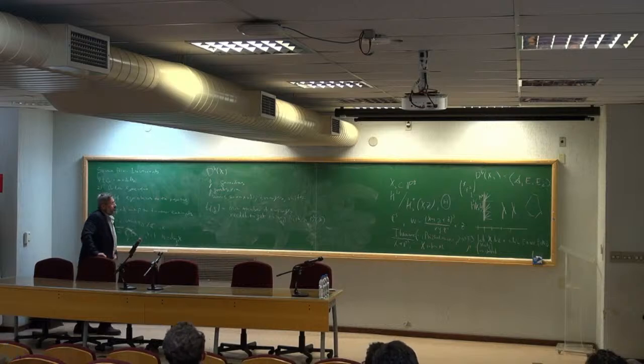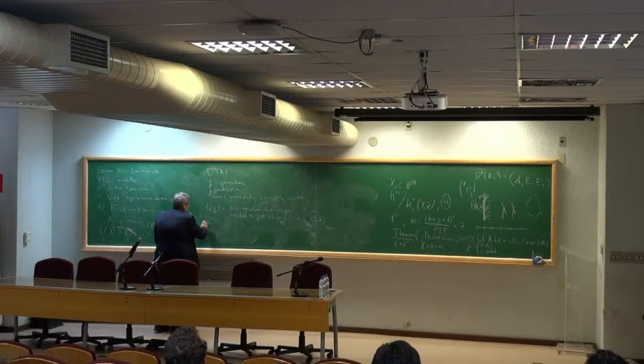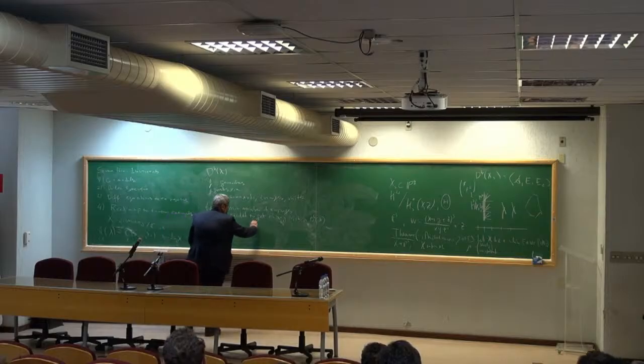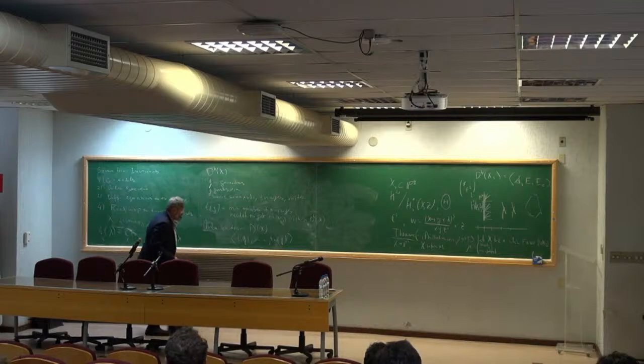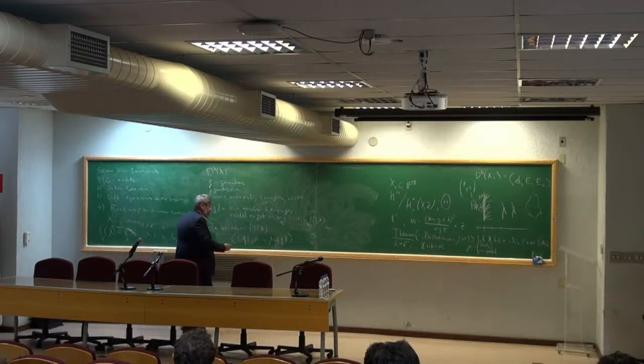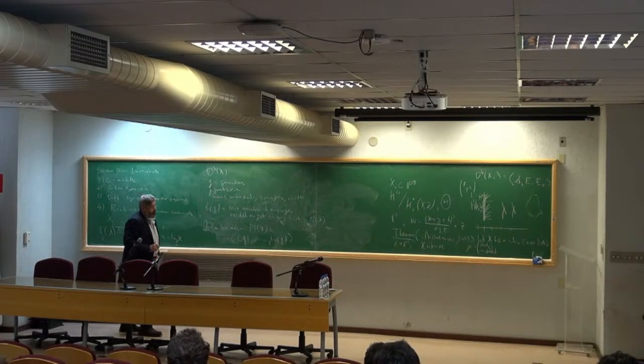And then the Orlov spectrum for D^b(X) is just the sequence of numbers, all of these generation times for the generators.